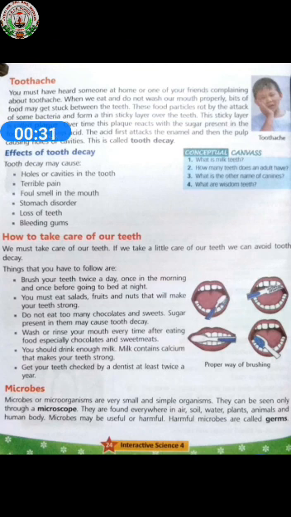You should drink enough milk. Milk contains calcium that makes your teeth strong. Wash or rinse your mouth every time after eating food, especially chocolate and sweetmeats. Use the right dental products.